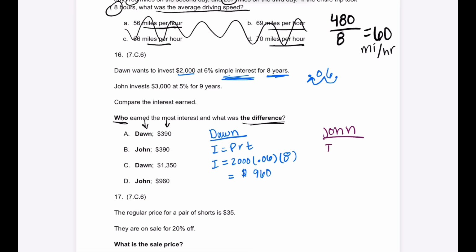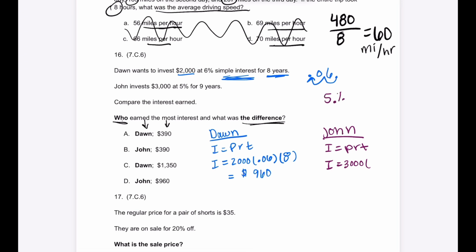Okay, same exact process. I have I equals P times R times T. Because we're looking for simple interest, we are solving for I. So my principal rate here is 3,000. My interest rate, which is the percent, I have 5% once again.